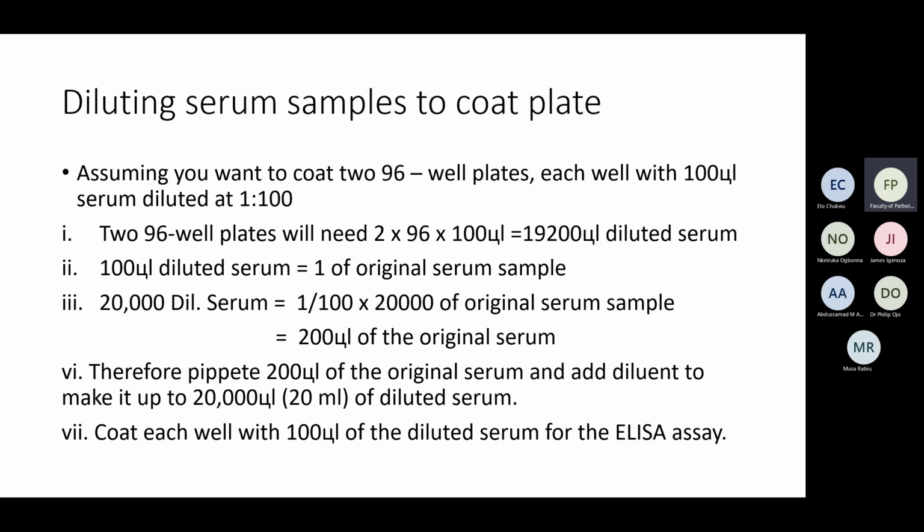Therefore, since you are going to need 20,000 microliters of diluted serum, if you do your simple proportion, you need 1 over 100 times 20,000 microliters. That will give you 200 microliters of the original serum.